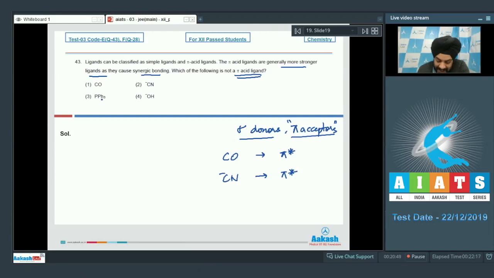If we talk about PPh3, which is triphenyl phosphine, it has a vacant d orbital, and into this vacant d orbital, the back donation of electrons from the metal can take place. If we talk about the fourth one, OH minus is not a pi acid ligand. Students, for question number 43, we have to mark the correct answer as option 4. Let us look at the next question now.